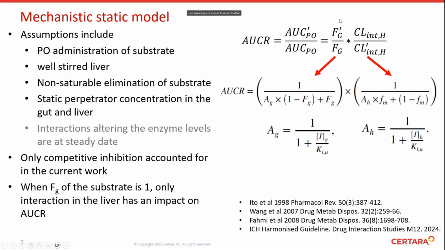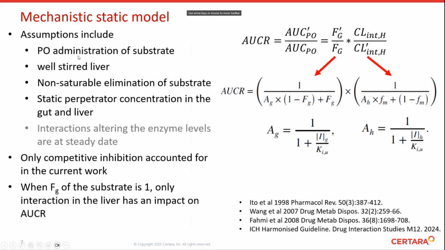There it's the fraction escaping the gut wall in the presence of inhibitor over the fraction escaping gut wall metabolism without interaction, and the intrinsic clearance in the liver without interaction over the intrinsic clearance in the presence of interaction.